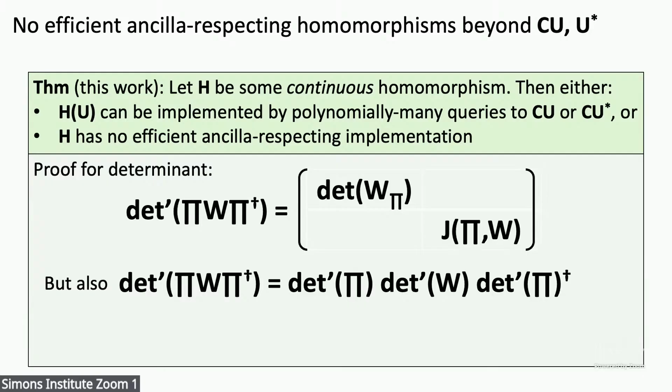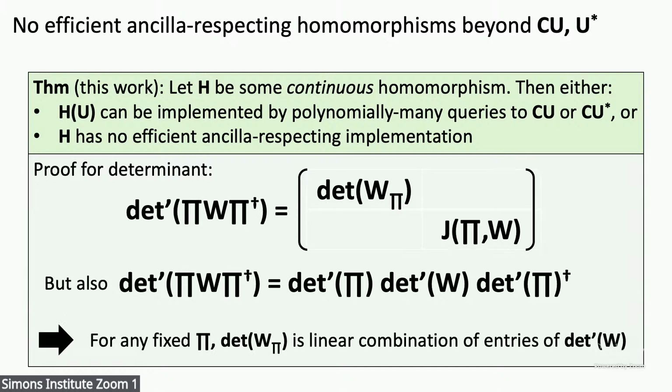And what that means is I can actually pull pi out on the left, and pull pi out on the right. Remember that det prime is not a scalar, so these things don't necessarily commute, but this still works just because det prime is a homomorphism. So I can arrive at this matrix here, and in particular the determinant of W pi, by first computing det prime of W, and then applying these det prime of pi's to the left and the right.